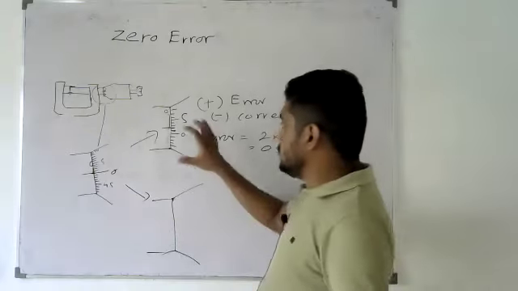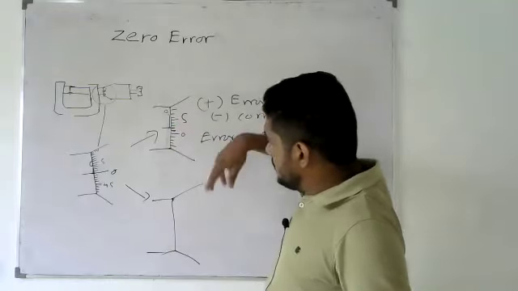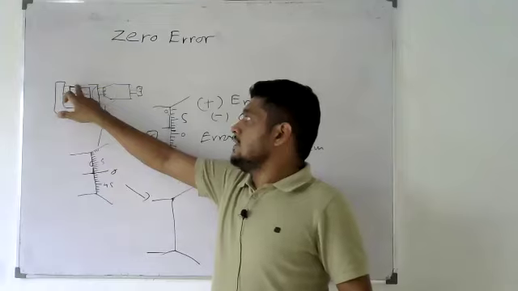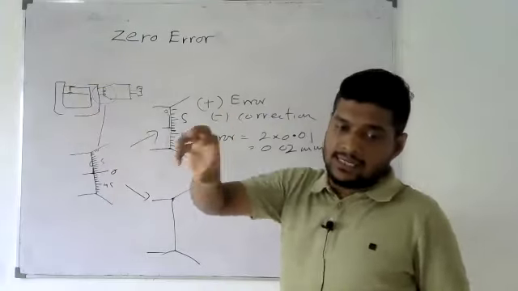So this will move further behind this line, even though the spindle and anvil are in contact.